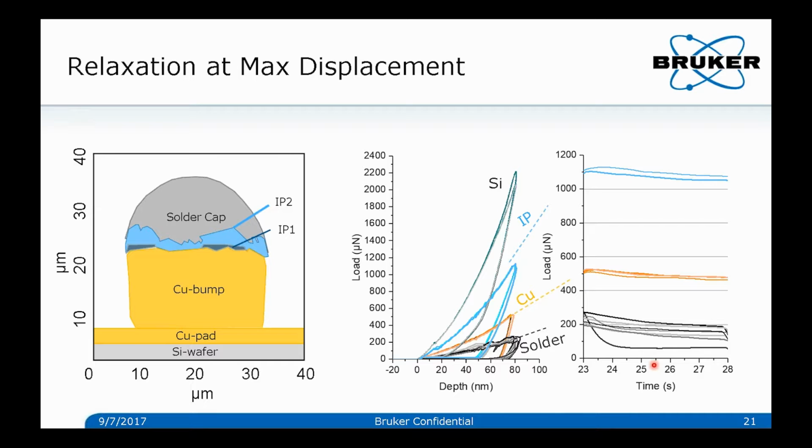So you can see this for the different regions, for the intermetallic phase, for the copper, and the solder. The amount of stress relaxation that occurs will generally follow an exponential decay function. On the solder, the force drops from about 200 nanometers down to maybe 150 nanometers, so we're losing about a quarter of the force to stress relaxation.